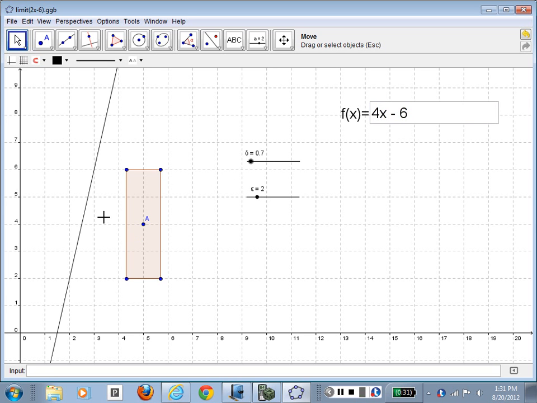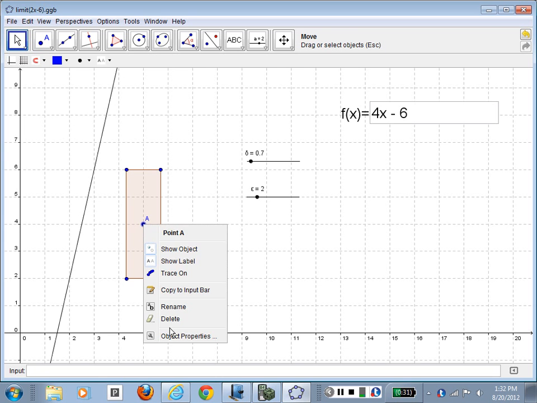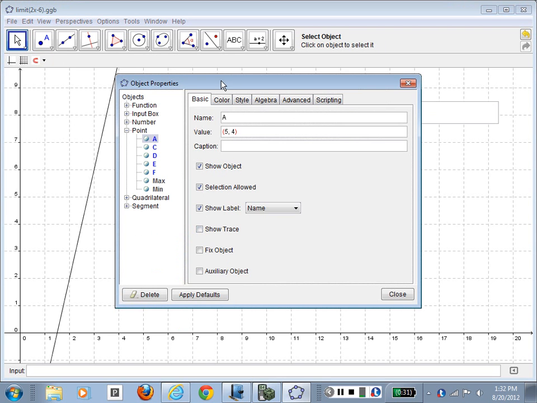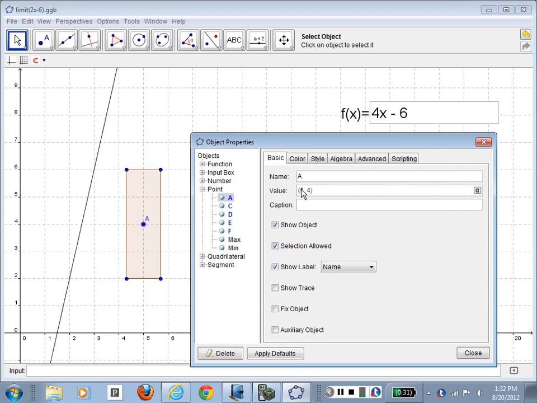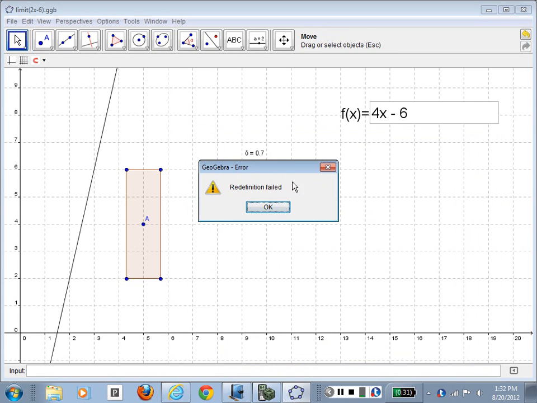It should have followed it. Oh, that's disappointing. How primitive. See, my point A, instead of the 0.54, that's lame. I should have made it the point. I should have done this.